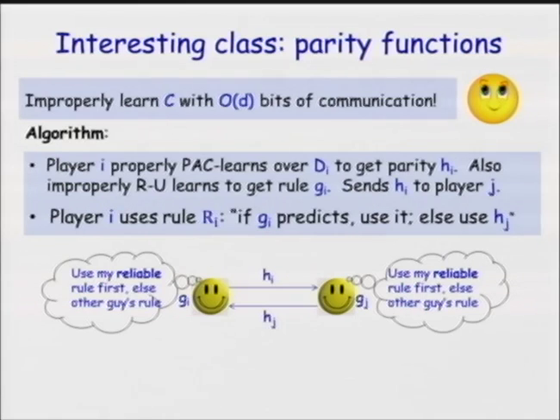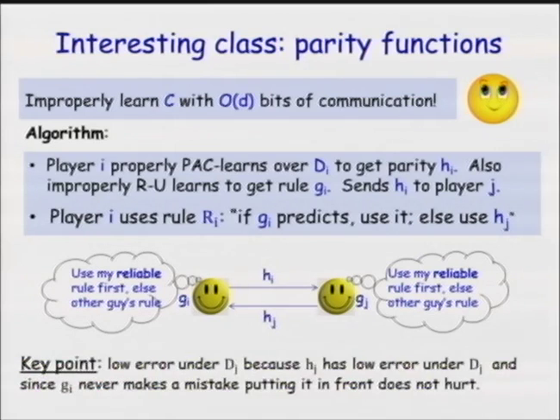To predict on a new test example, if their reliable useful hypothesis predicts, meaning it doesn't say I don't know, they use it to predict. Otherwise, they predict using the other player's hypothesis h_j.